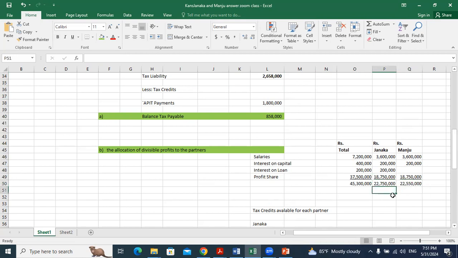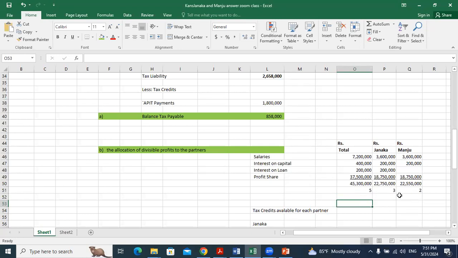Let's say if this is not equal, remember why this is not equal? One partner gets some interest. So if this is 3, this is 2, the total is 5.